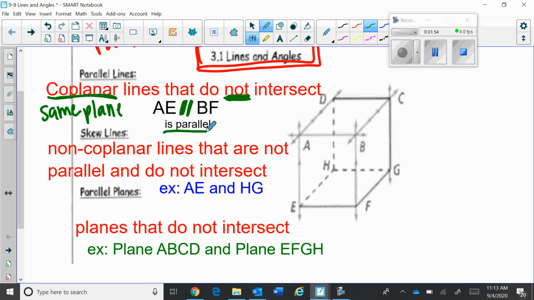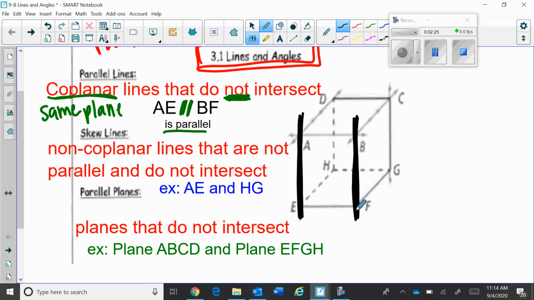So we find AE here. AE is parallel to BF. They're on the same plane, so they're on the same side of the box, and they are parallel, so they will never touch each other. That's what parallel lines mean.